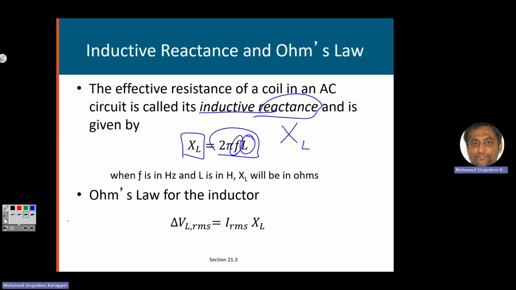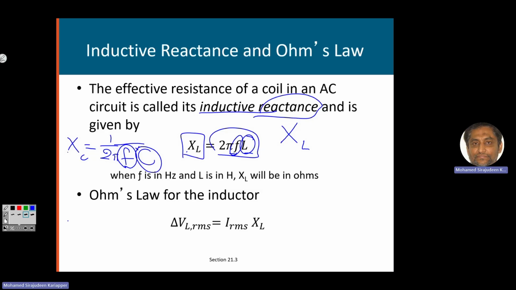But we have to compare this with what we had for the capacitor. See, capacitive reactance is inversely proportional to the frequency and to the capacitance, but inductive reactance is directly proportional to the frequency and the inductance. So please take a mental note of that.